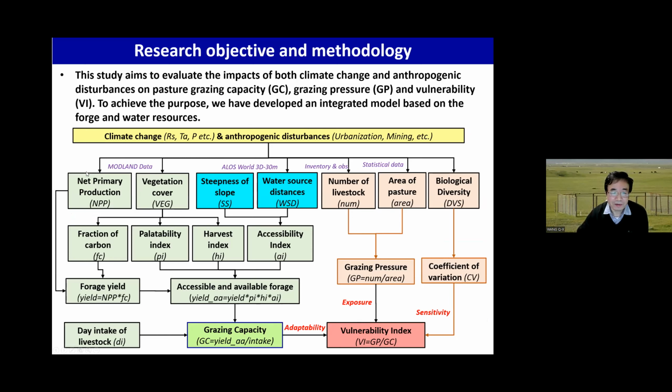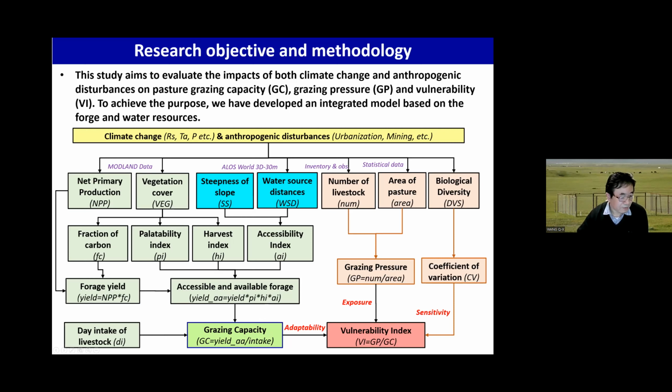For example, the model includes the climate factors, the livestock, and the area of pastures, among many factors, and then we can get to the green capacity and also green pressure, and finally to the vulnerability index.